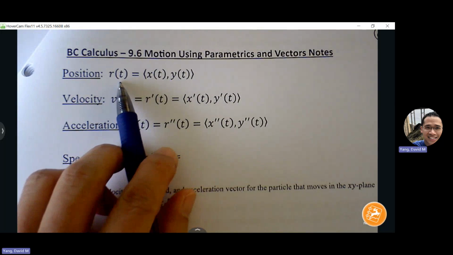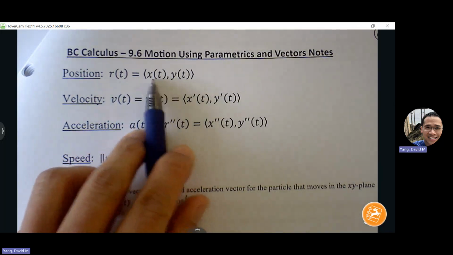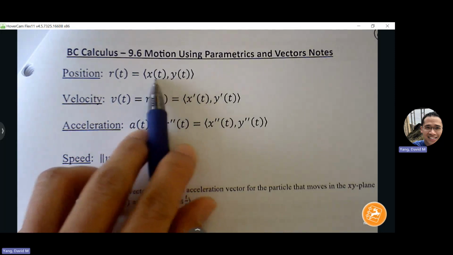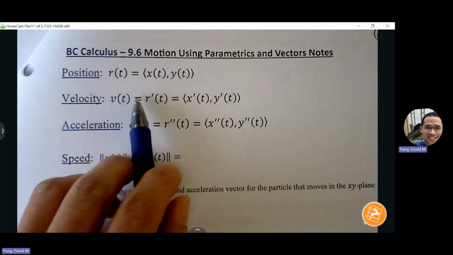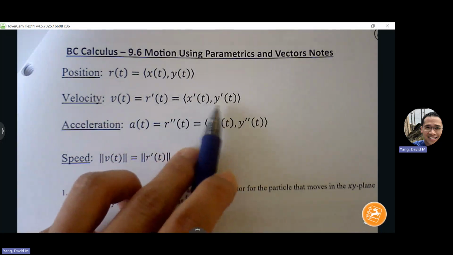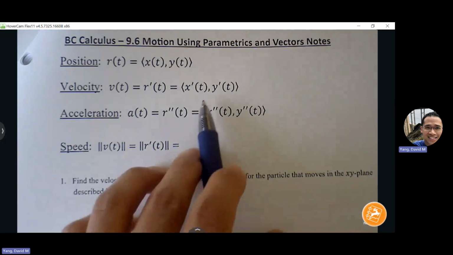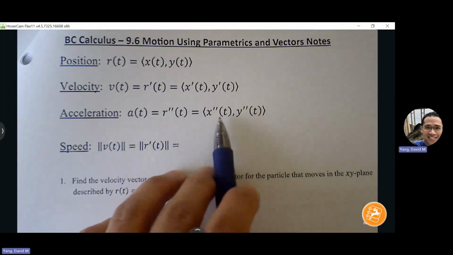If my vector is r of t, and it's split up into x and y components, then the velocity is simply r prime, which is just taking the derivative of the horizontal and vertical components. And acceleration is just taking the second derivative for the horizontal and vertical component.